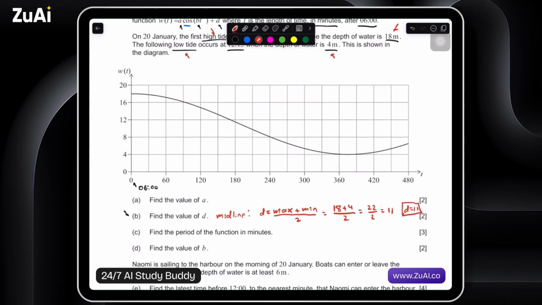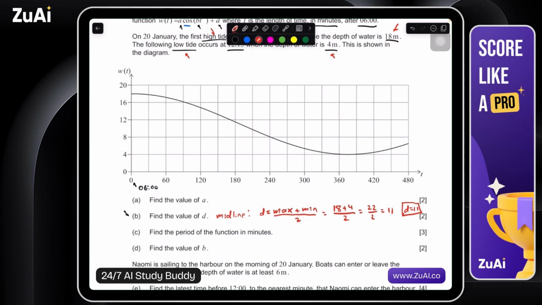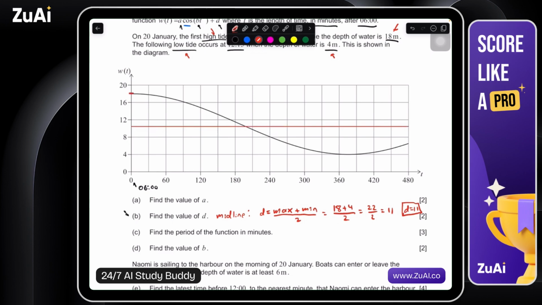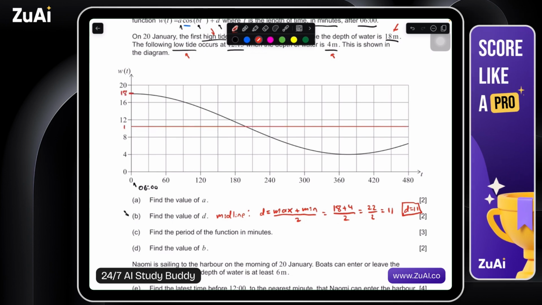Okay. So now, through intuition, we could find the value of amplitude in another way. If we know the midline is equal to 11, maybe even draw it in here, we can then ask ourselves, if this is 18 and our midline is 11, what distance do we need to go from the midline to the highest point?